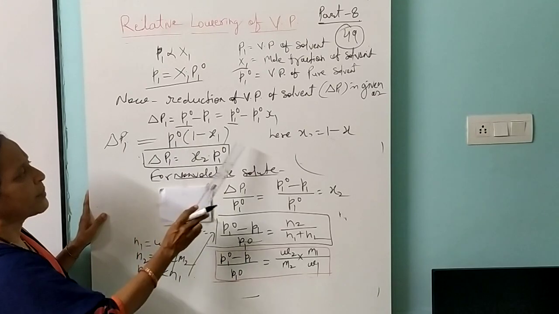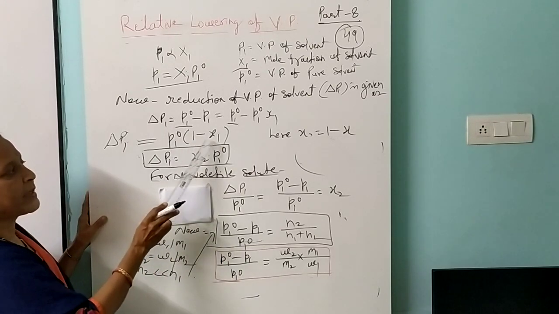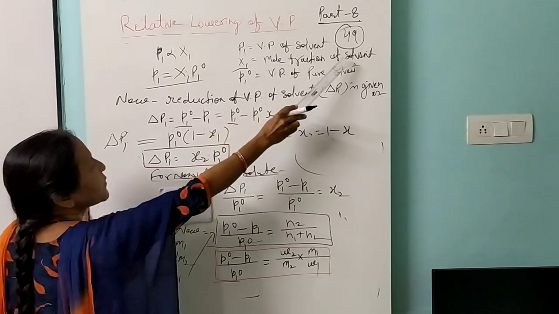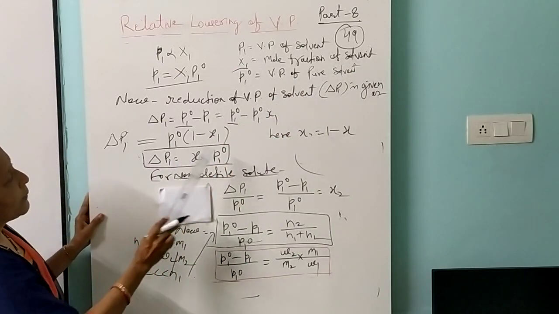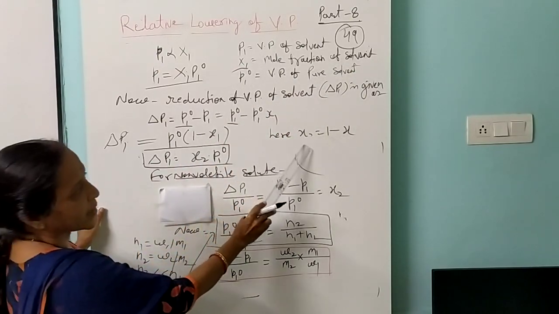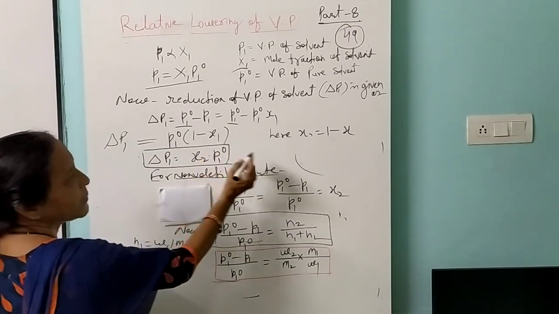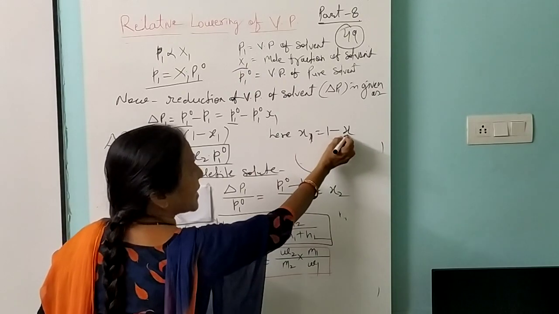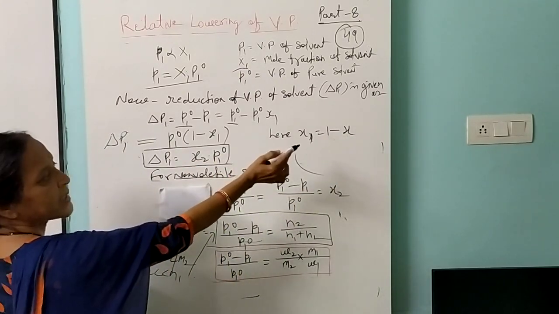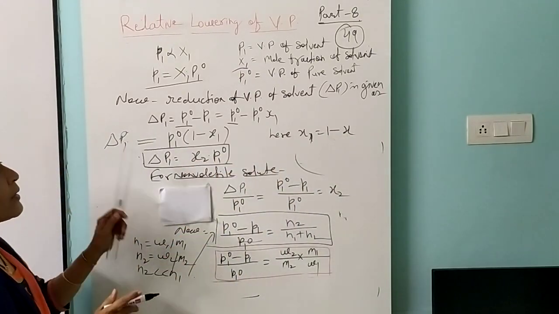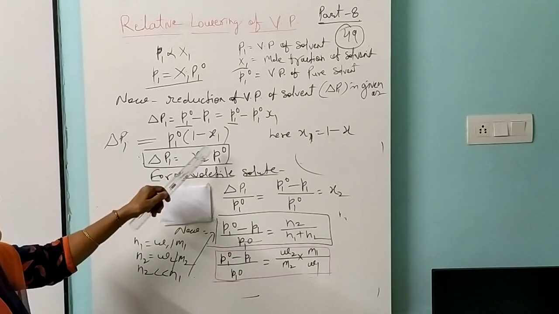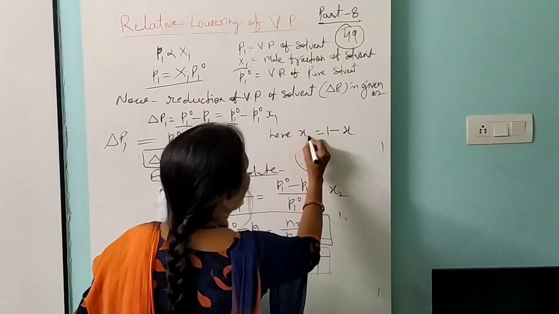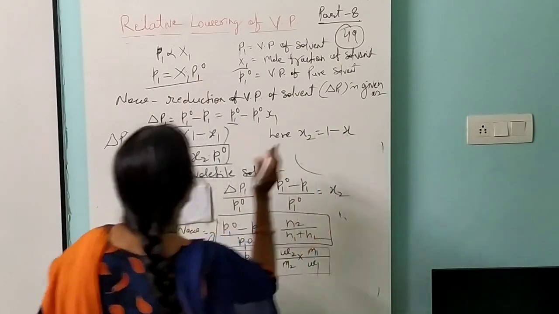So P1⁰ in bracket we can write 1 minus x1. x1 is my mole fraction of solvent. Now what is the meaning of this x1? This x1 is equal to 1 minus x2.